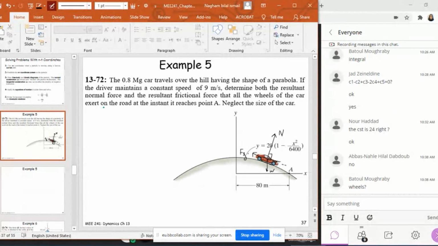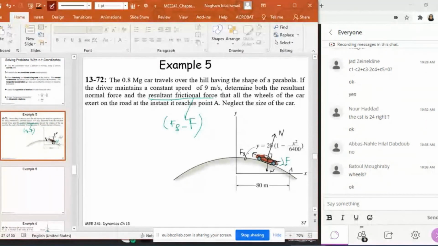Or you can understand this fact by another way. If I put this engine force here, F, the resultant friction force here of this problem will be FF minus F. So it is the resultant force done by the wheels. It is the friction minus the engine force. So you can understand it in both ways.